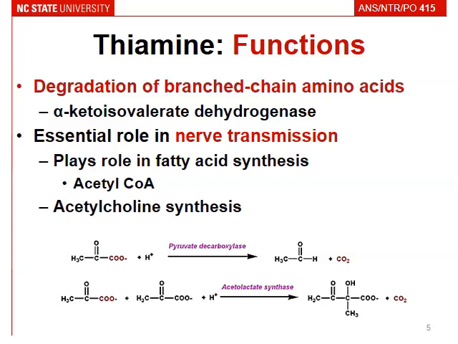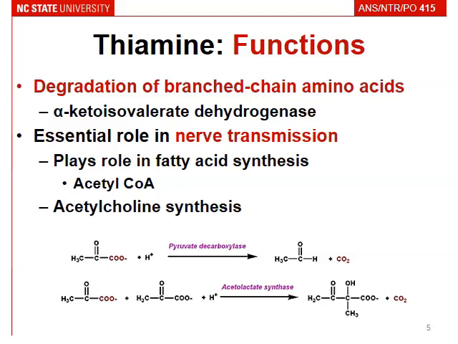So all of our branched chain amino acids, if we need to break them down for gluconeogenesis or ketone body formation or other functions that they have, we need thiamine in the TPP to act as a cofactor for these branched chain amino acids.